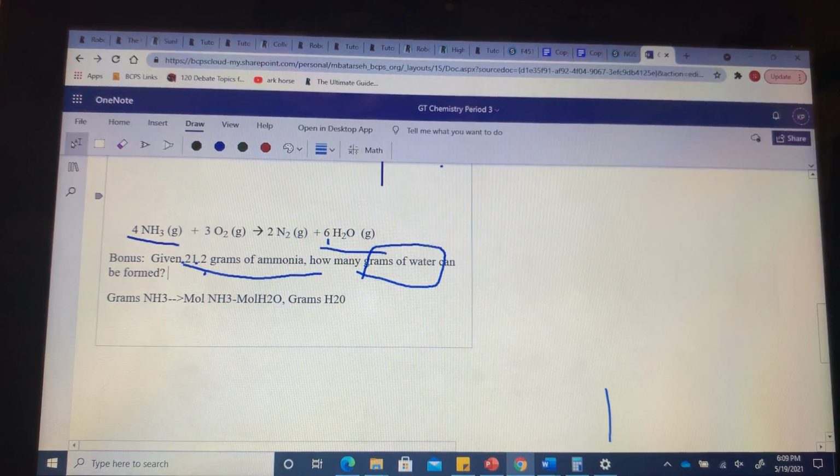Sorry about this, guys. So first, this seems like a long thing to do, so we have to plan it out. We're given grams of ammonia, so we know we have to get grams of water, but we can't just go right there. We have to do our mole ratio. So we have to convert to moles of ammonia, do our mole ratio, and convert back to grams of water.